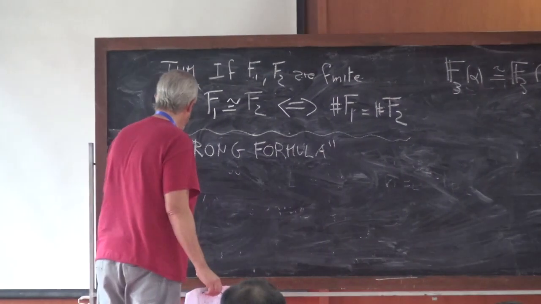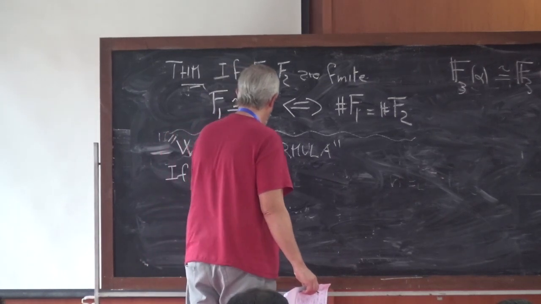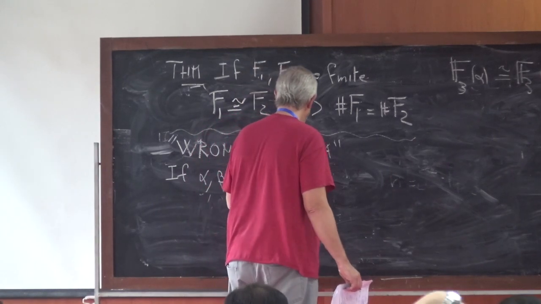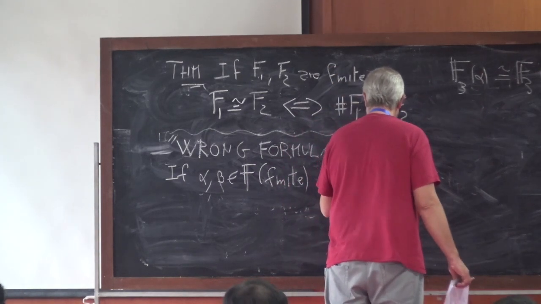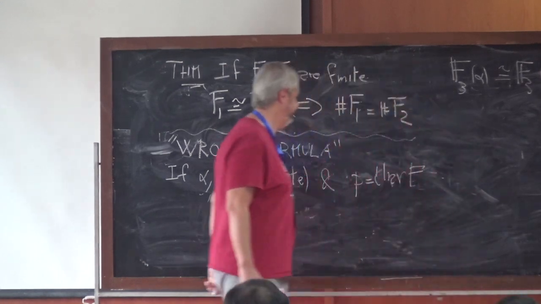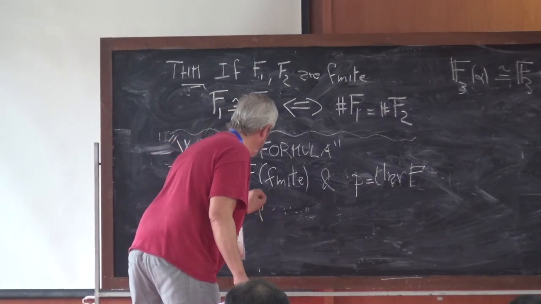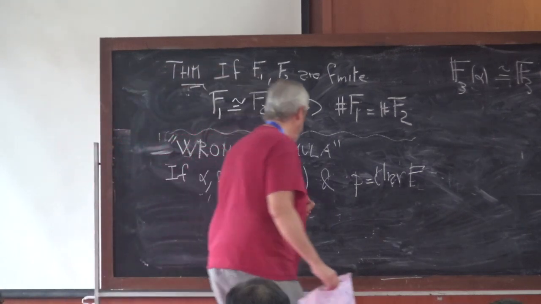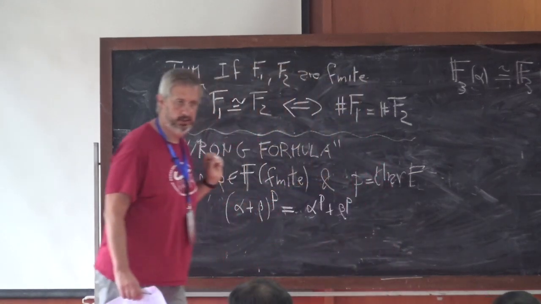So if alpha and beta are elements of any finite field, and P is the characteristic of this finite field, then when you take alpha plus beta to the power P, this is the same as alpha to the P plus beta to the P. Okay?